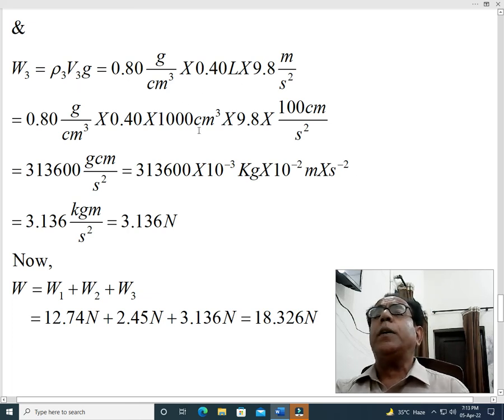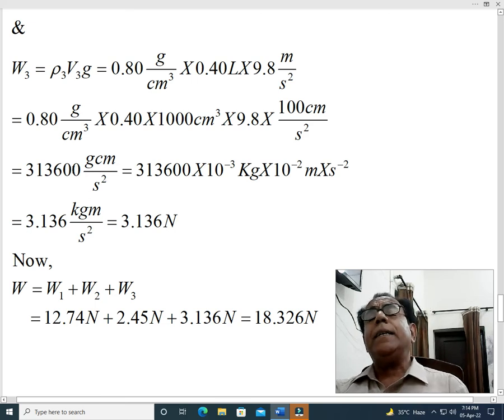Okay, so again liter has been converted into 1000 centimeter cube, meter has been converted into 100 centimeter. Okay, here centimeter cube will be cancelled out with centimeter cube and we are left with 313,600 gram centimeter per second square.